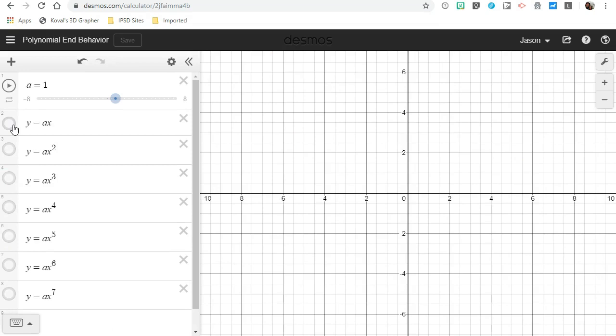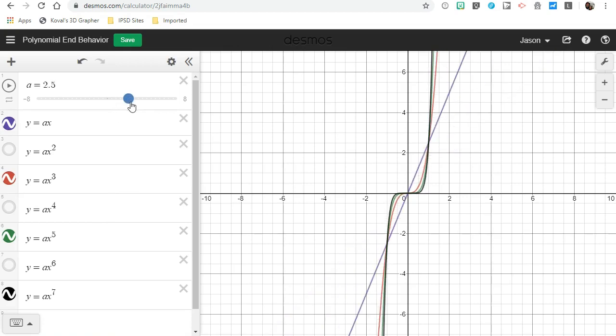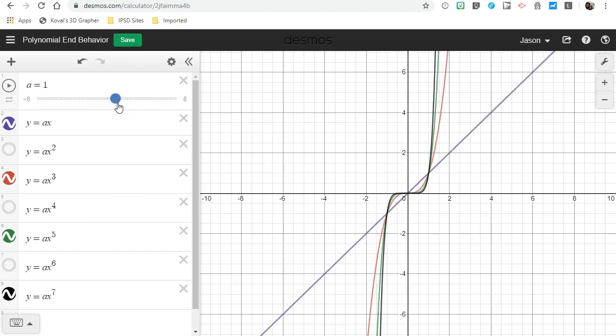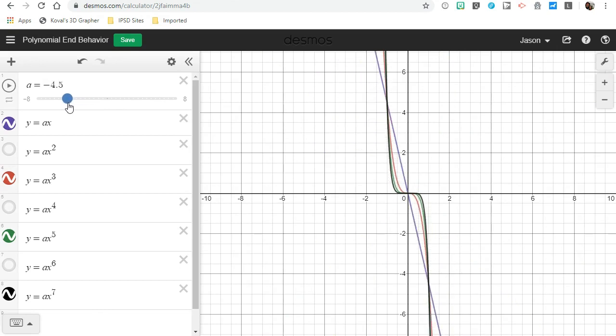And that makes sense. I'm going to put all of the odd powers here. Notice that they're going in opposite directions as x approaches negative infinity or x approaches infinity. But if I get a negative leading coefficient, they still both go in opposite directions.